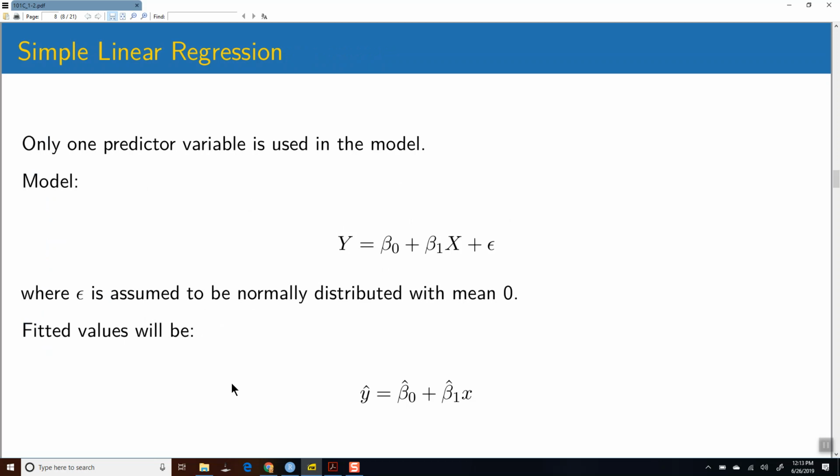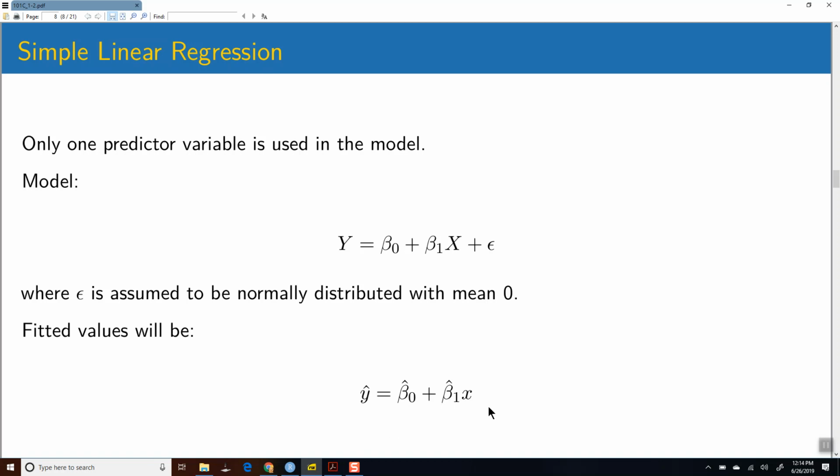So we'll start off with the simplest form. This was probably covered in your Stats 10 class, and that is simple linear regression. Here we have just one predictor variable x, and we're predicting a y based on that. So we have your output variable y, your input variable x, and the model takes on a linear form, meaning it's just intercept plus slope times x.